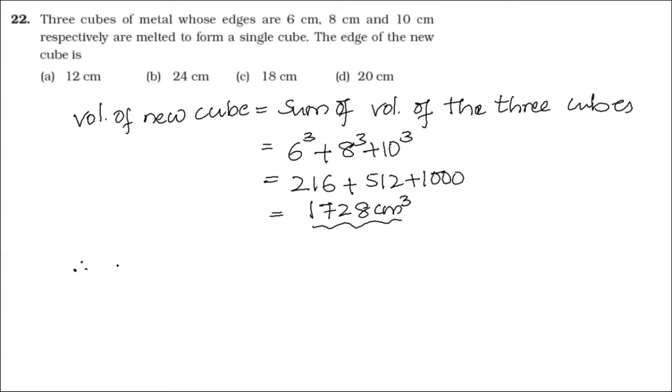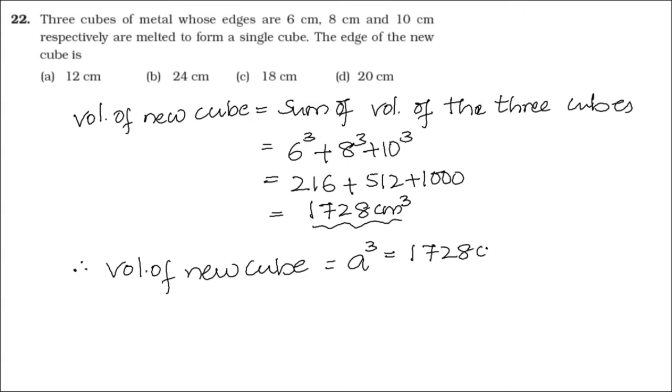Therefore, the volume of the new cube, which is side cube, is equal to 1728 centimeter cube. With this, I can find the side of the new cube. The side of the new cube will be the cube root of 1728 centimeter cube.